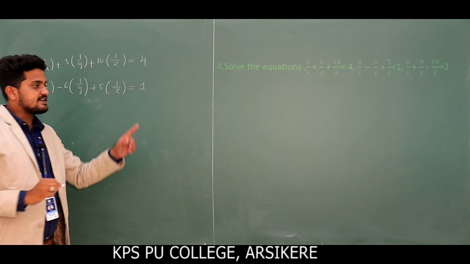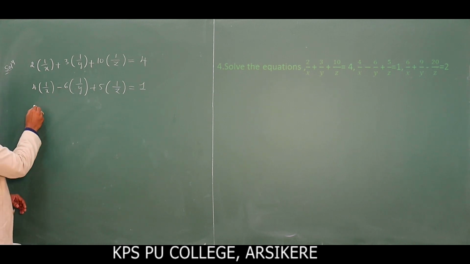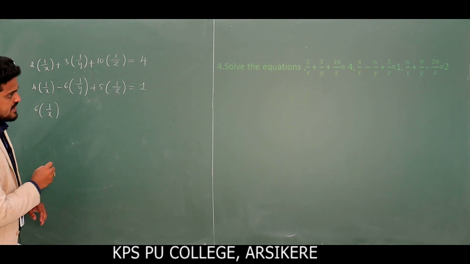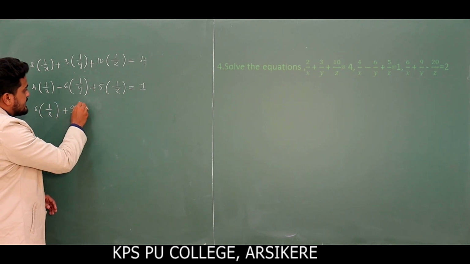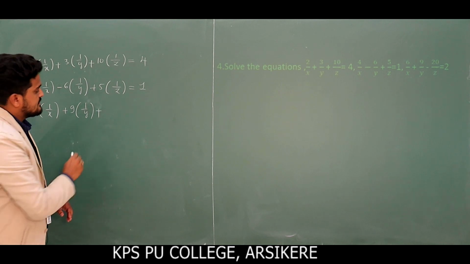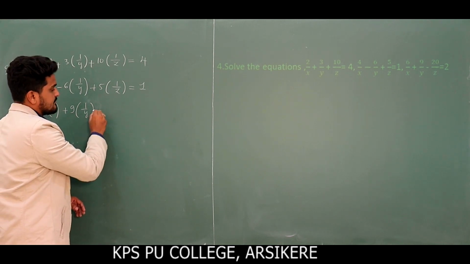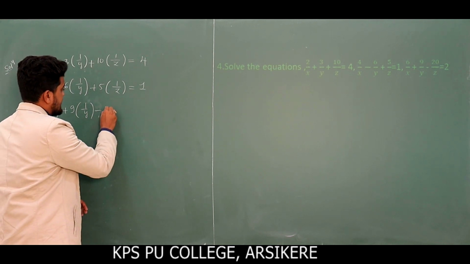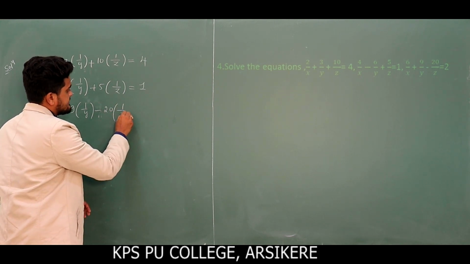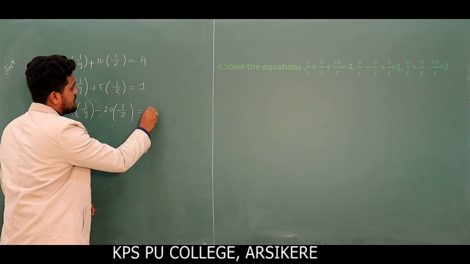In the same way, the last equation can be written as 6 into 1/x plus 9 into 1/y minus 20 into 1/z = 2.